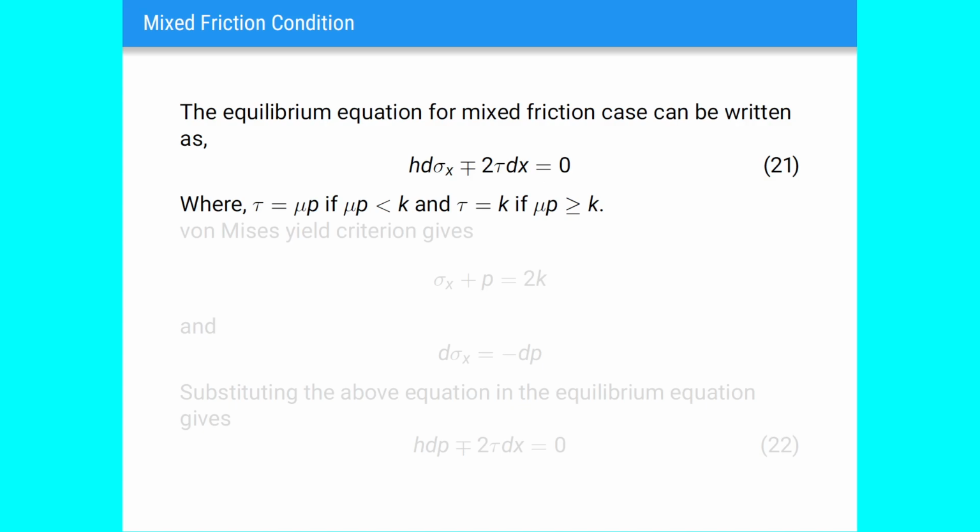h d sigma x minus plus twice of tau dx equal to 0, where tau is equal to mu p.